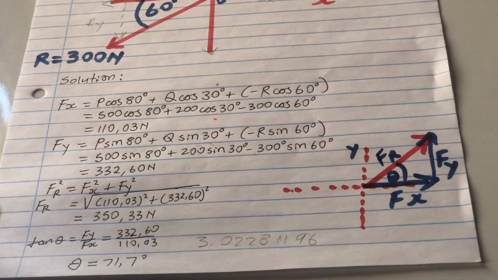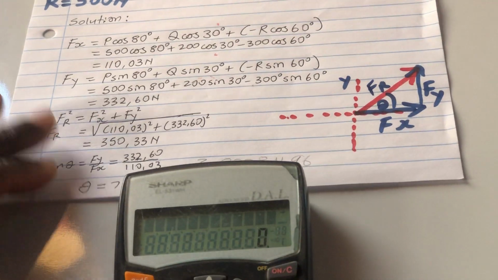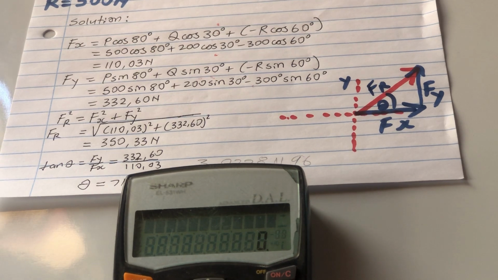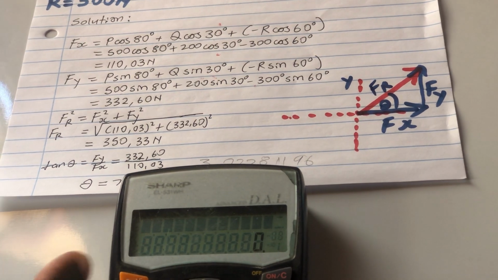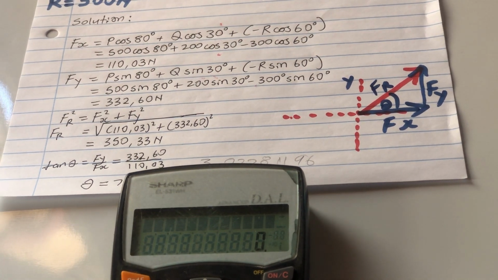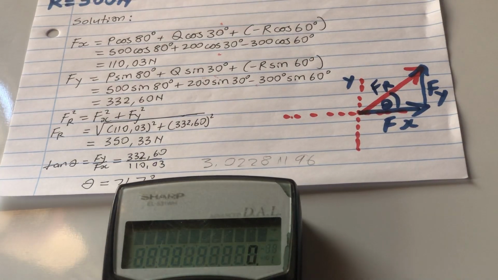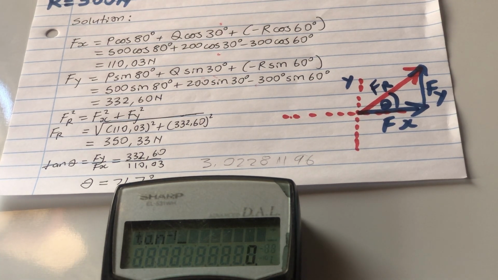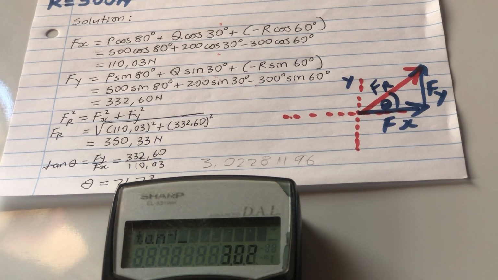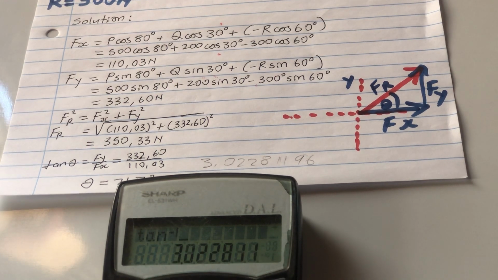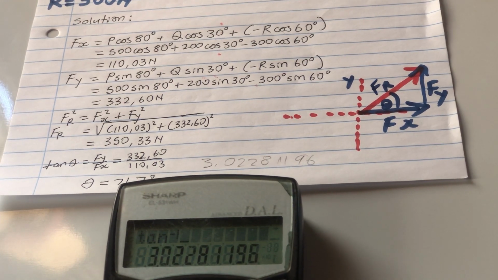Then you come and do the following. You press second function, then tan, then you enter the whole number, 3.02281196, then equals.